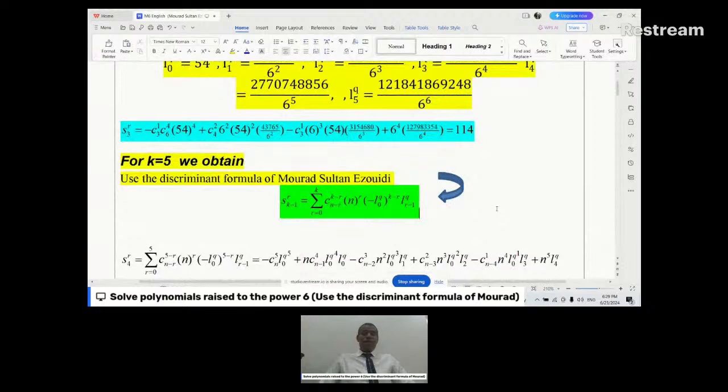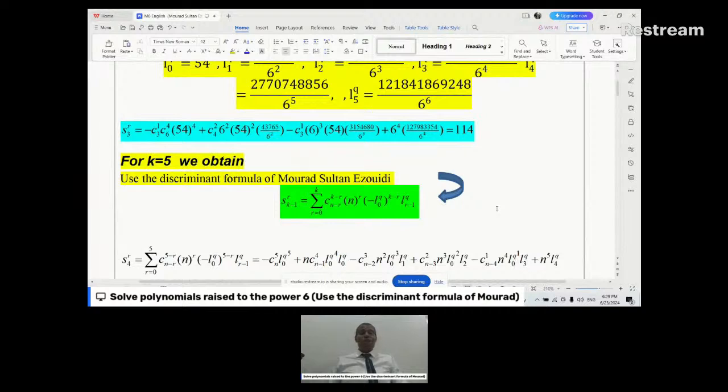Each book consists of 164 pages, and through these books, you will learn new methods. And you will get the exact value or the exact roots of the polynomials that have been written in these books, of course raised to the power 4, 5, 6, and so on.